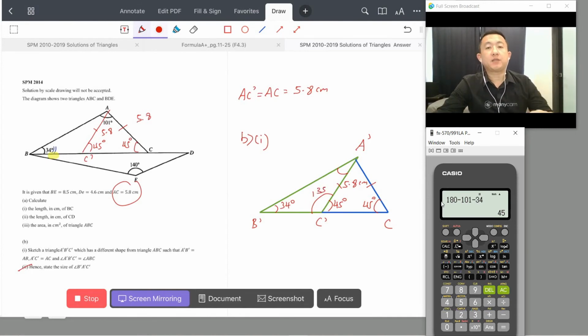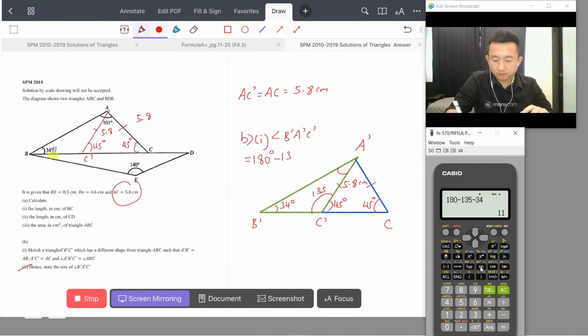So to get angle B prime A prime C prime, you have 180 minus 135 minus 34. And that's it. Simple, right? Sketching and calculating a new angle.